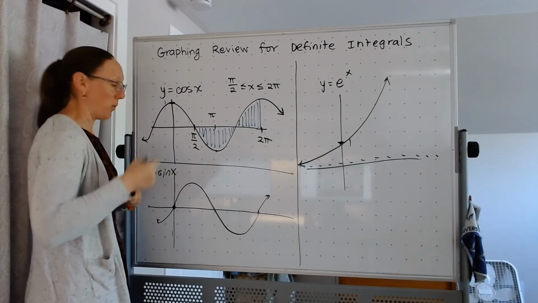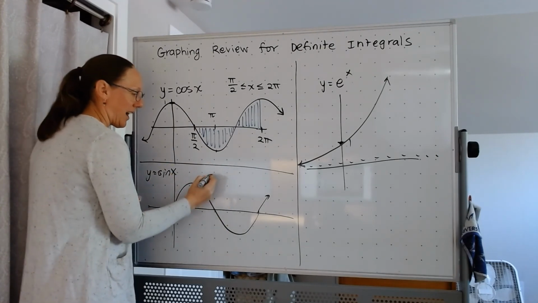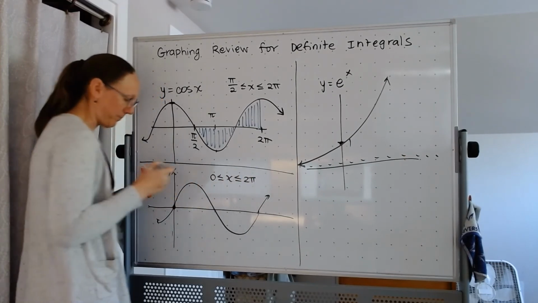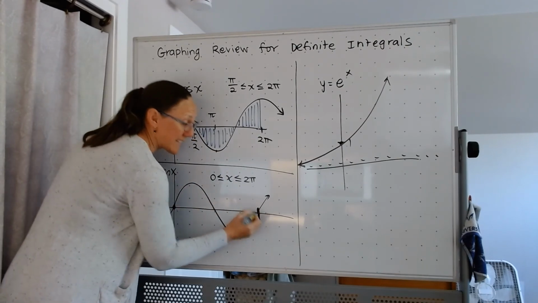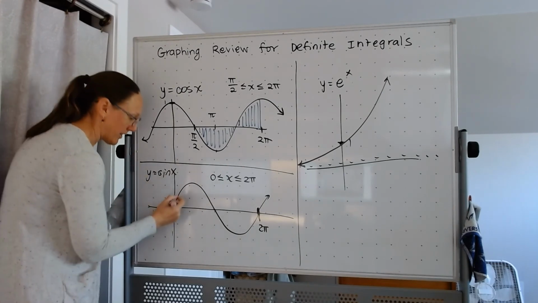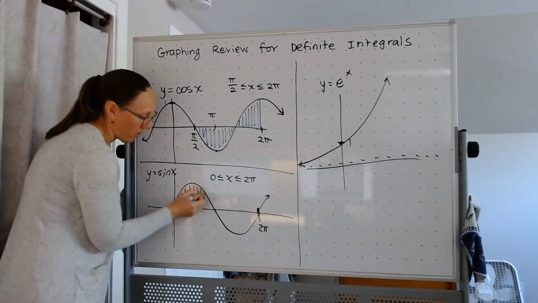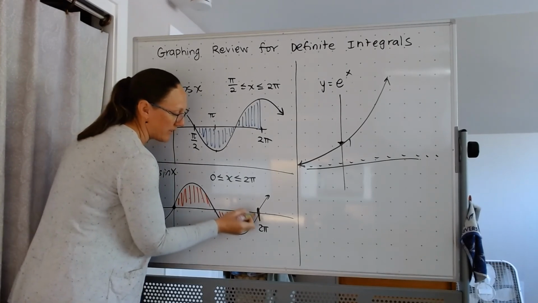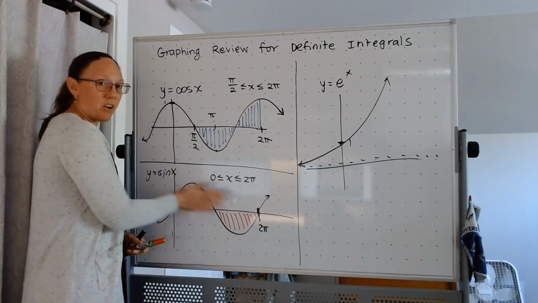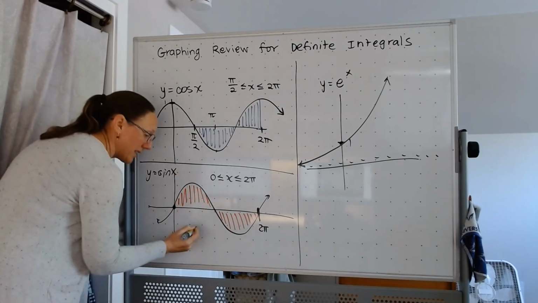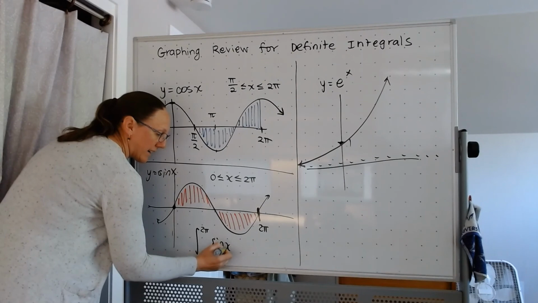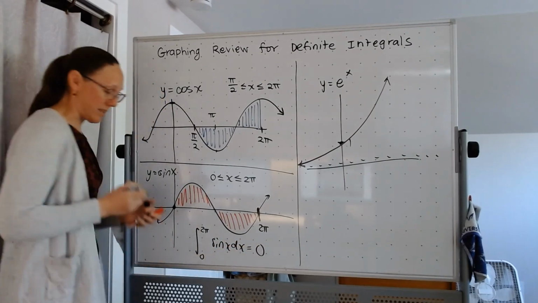So let's say in this case that I actually wanted to look from 0 to 2 pi. Well, again, sine's going to finish one complete cycle in 2 pi. So if I were going from 0 to 2 pi, we'd be looking at all of this and all of this. Well, now we have perfectly matched area above the curve and below the curve. So that tells me that if I did look at the integral from 0 to 2 pi of sine of x dx, this should work out to be 0.